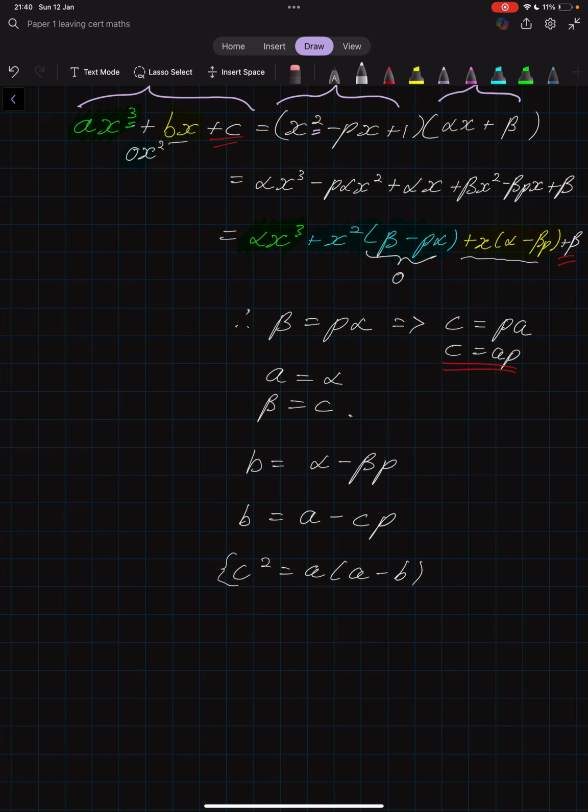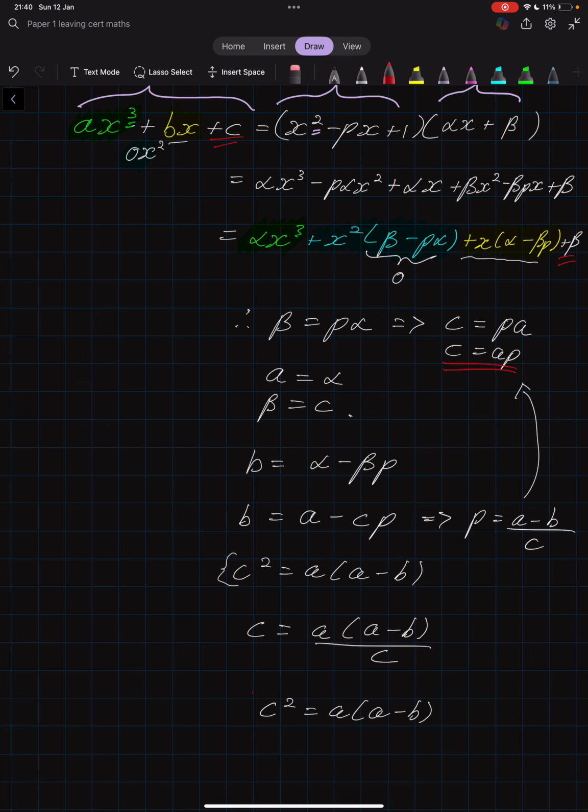So I get p equals a minus b over c. And now I'm going to plug this in here. So I get c equals a into a minus b over c, and then multiply both sides by c, so I get c squared equals a into a minus b. And that's that one.